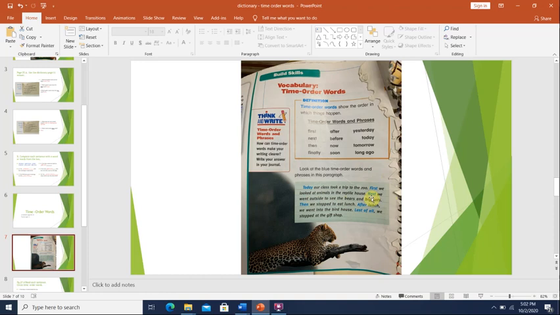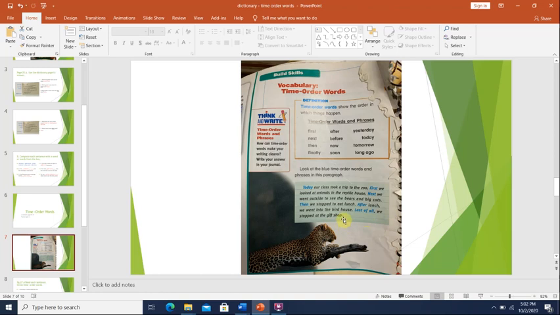Next, it shows you what they did next. Next, we went outside to see the bears and big cats. Okay, then we stopped to eat lunch. After lunch, we went into the birdhouse. Last of all, we stopped at the gift shop.